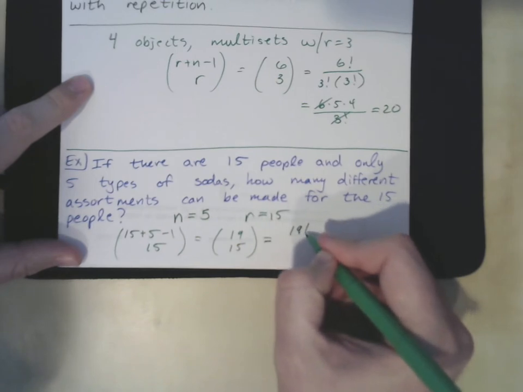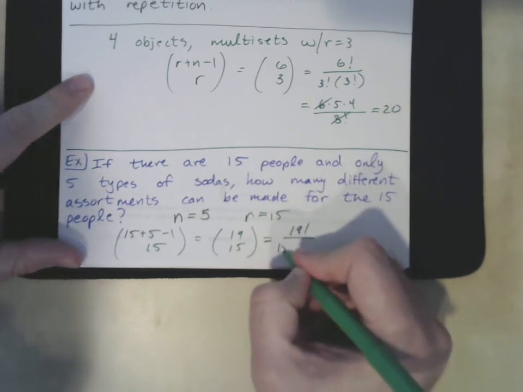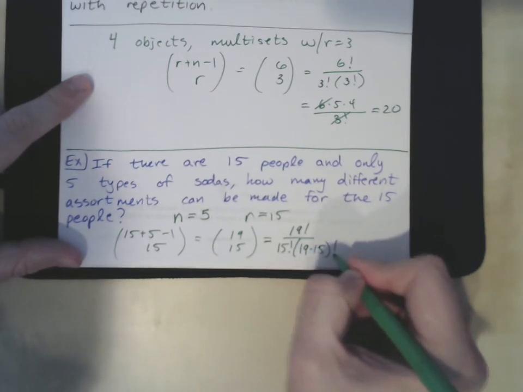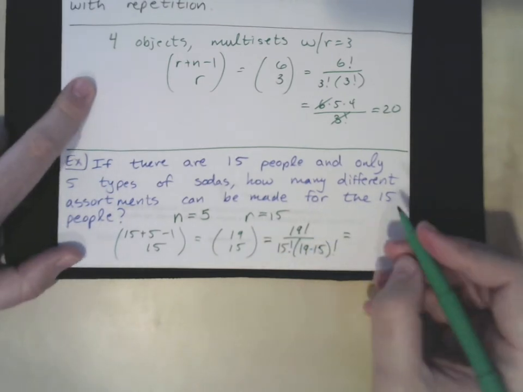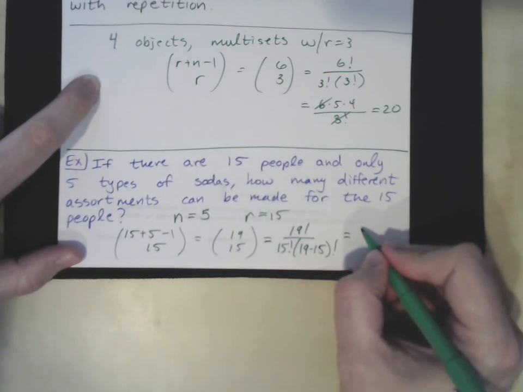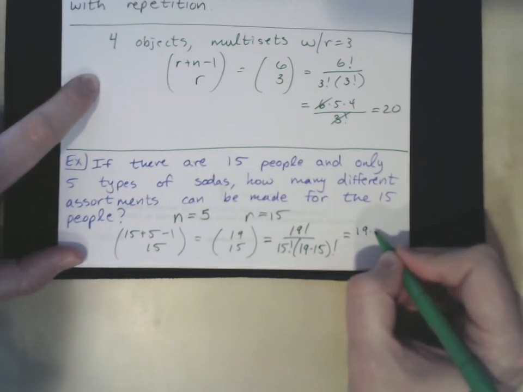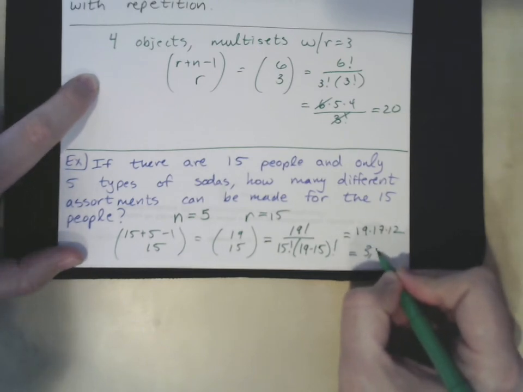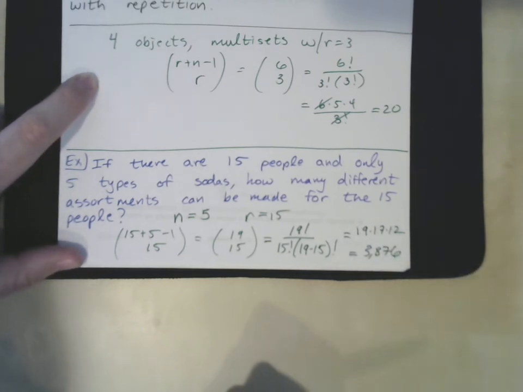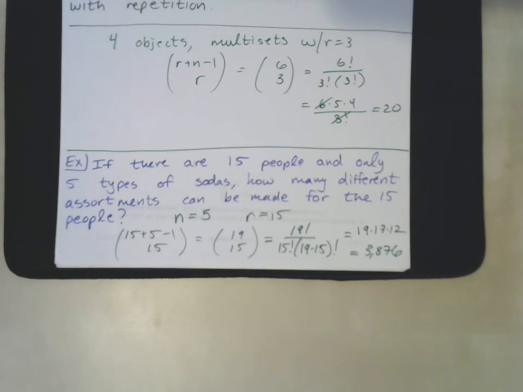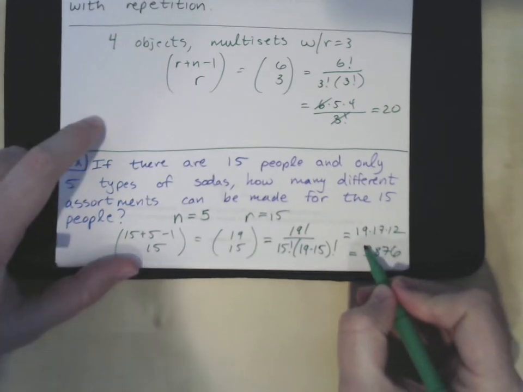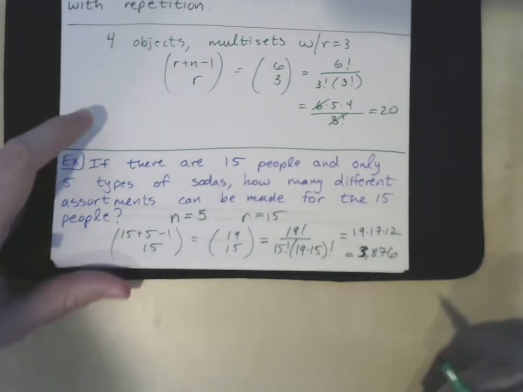So that's going to be 19 factorial over 15 factorial times 19 minus 15 factorial, or 4 factorial. And when all said and done, your cancellation should get you 19 times 17 times 12, or 3,876 different ways. This is how this theorem works.